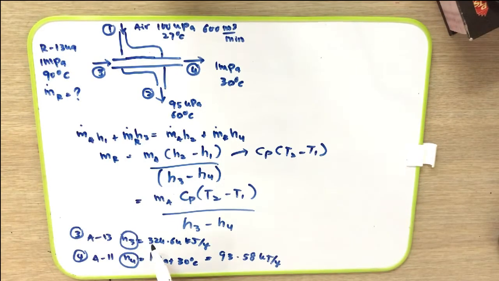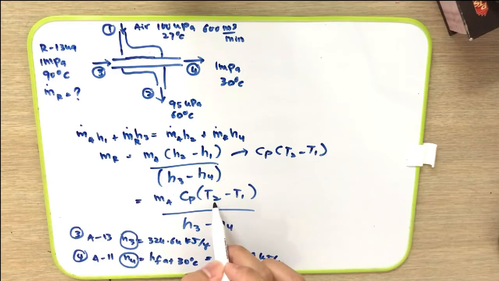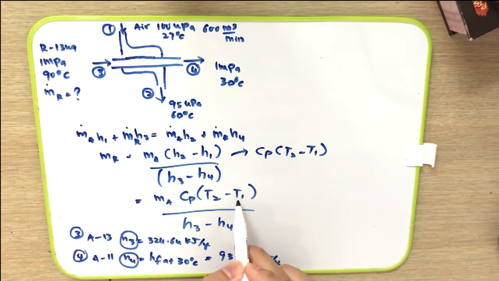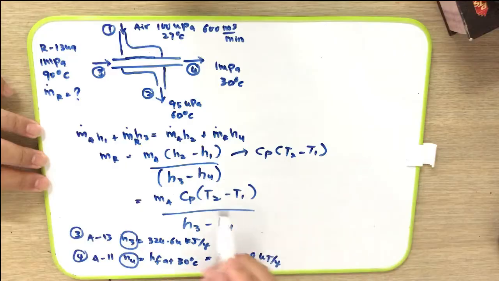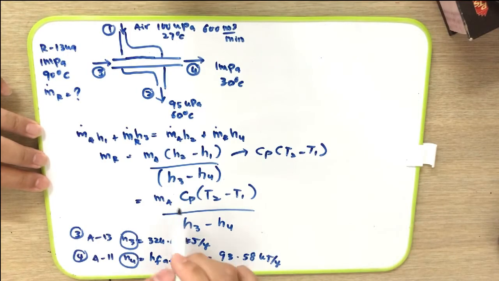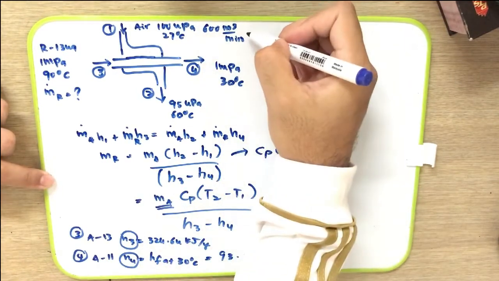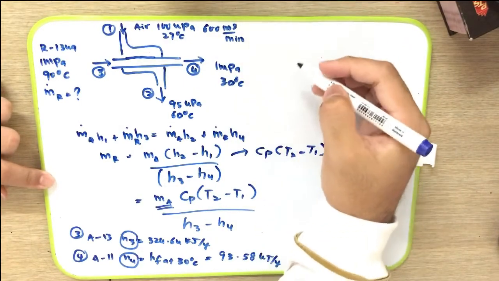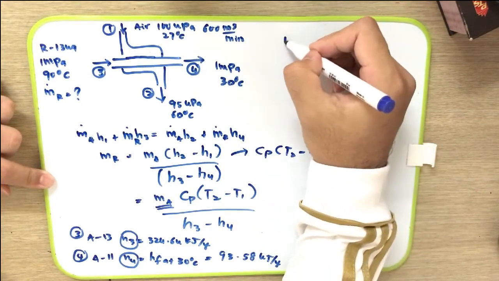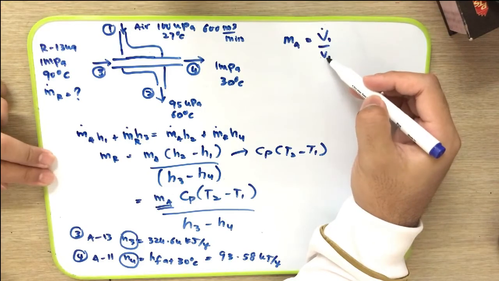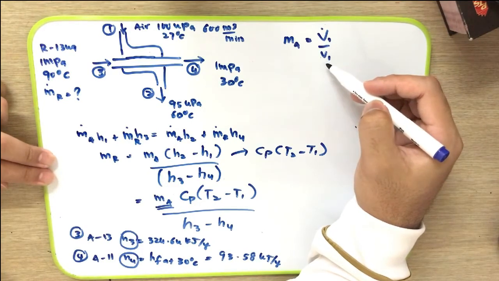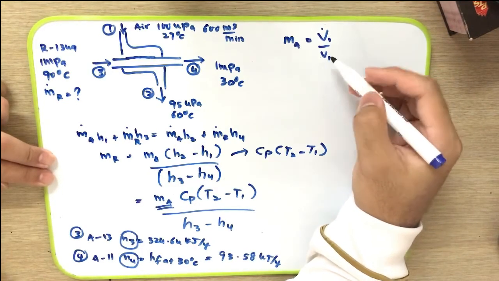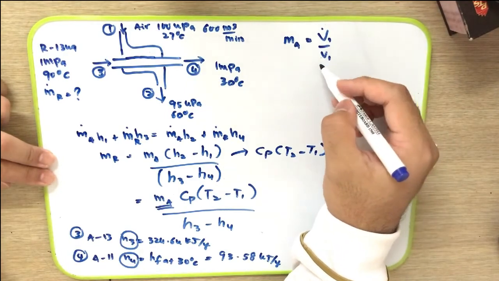So now we have already found the h3 and also h4. Then we can substitute into this equation, and we can substitute also the T2 and also T1 at air stream. But before we can solve this, we need to find first the m for air, because we are given the volumetric flow rate. So m for A we can find through this equation, volumetric flow rate over specific volume, but the specific volume is not given, so we need to find first the specific volume.